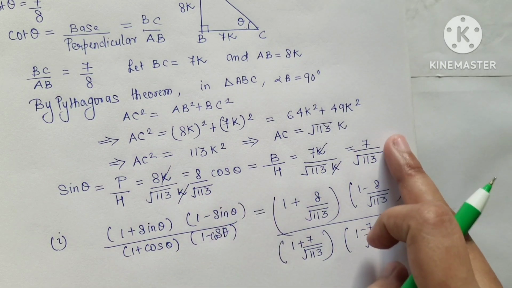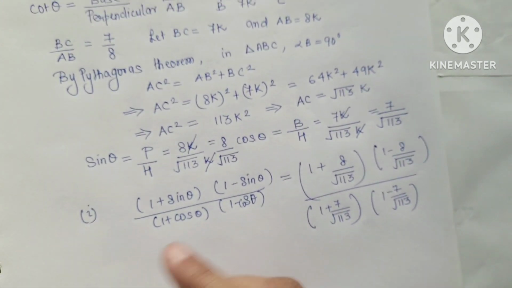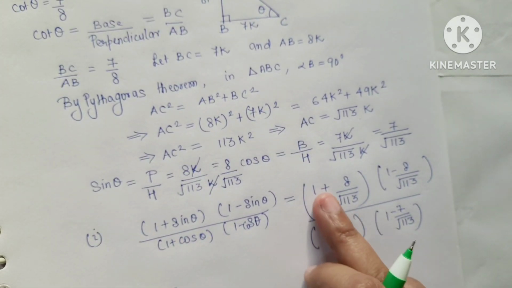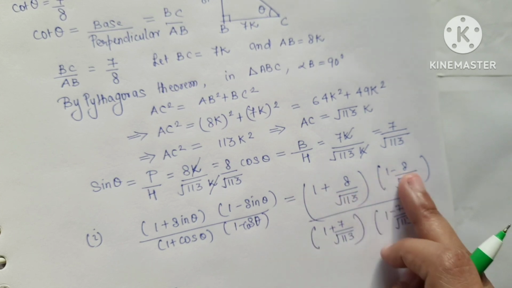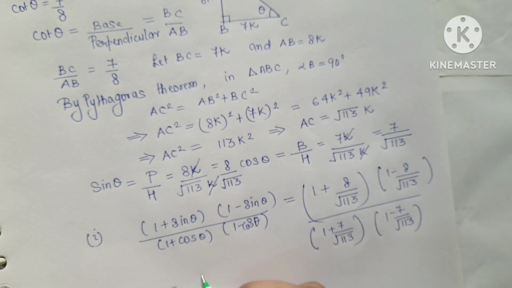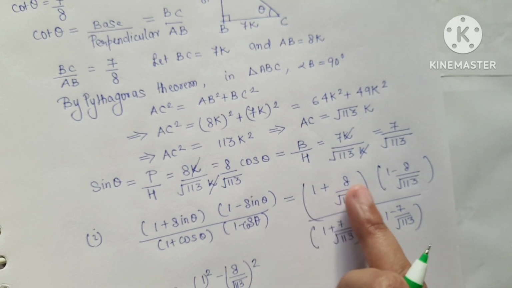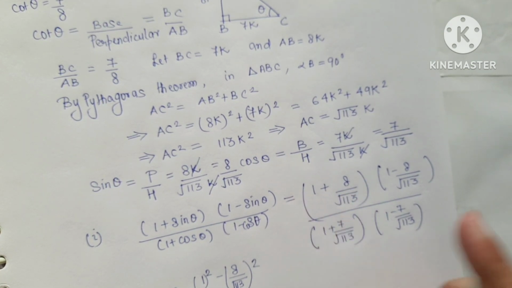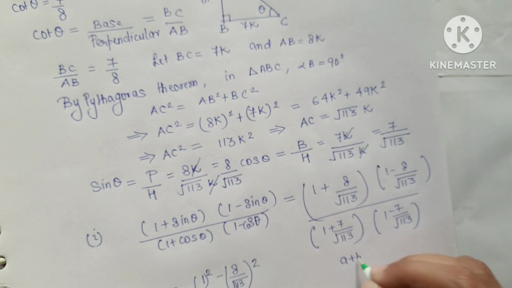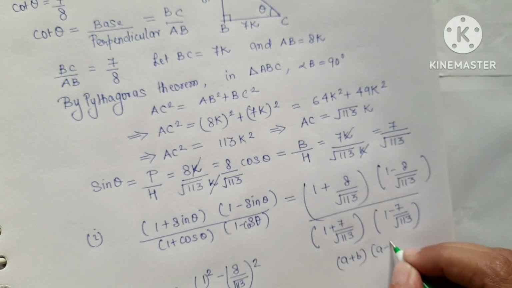So after this, this is in the form of a plus b and a minus b. So can you write it like this, a square minus b square, right? Let it be a, let it be b. What I'm trying to tell is, this is a plus b and a minus b.